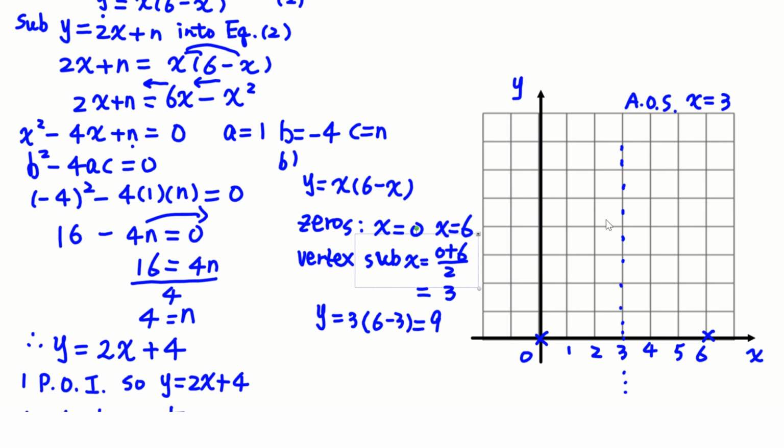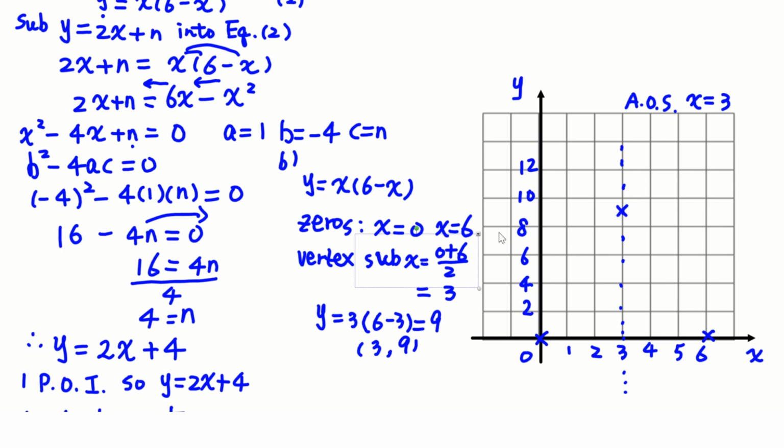So we have the vertex at 3, 9. Then based on this 9, it opens down, and we are able to label this scale. So 2, 4, 6, 8, 10, 12. So 9 is here.